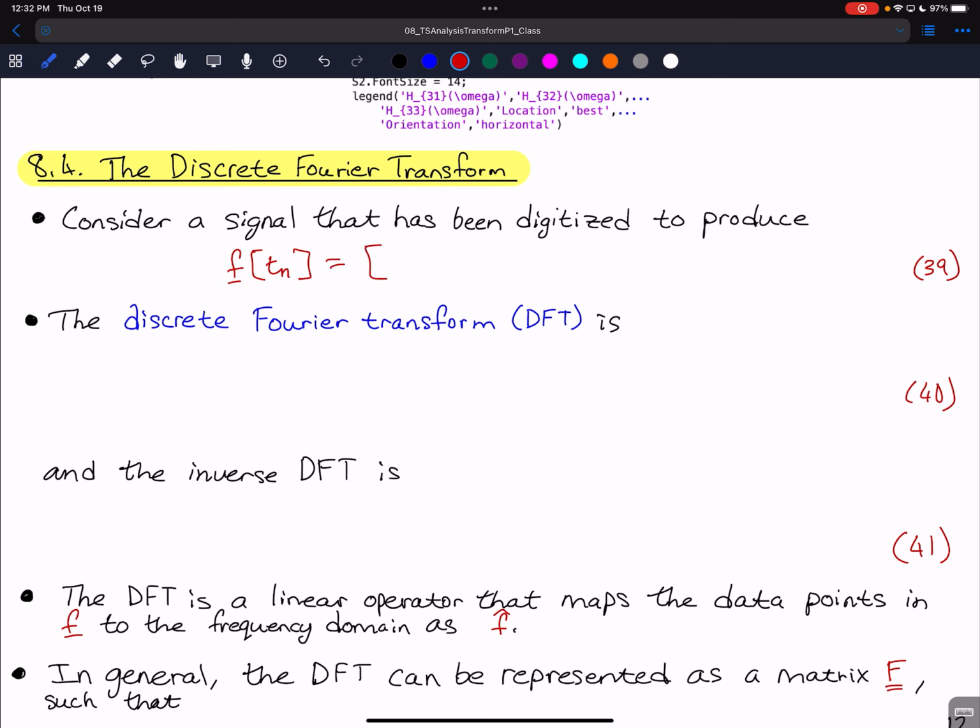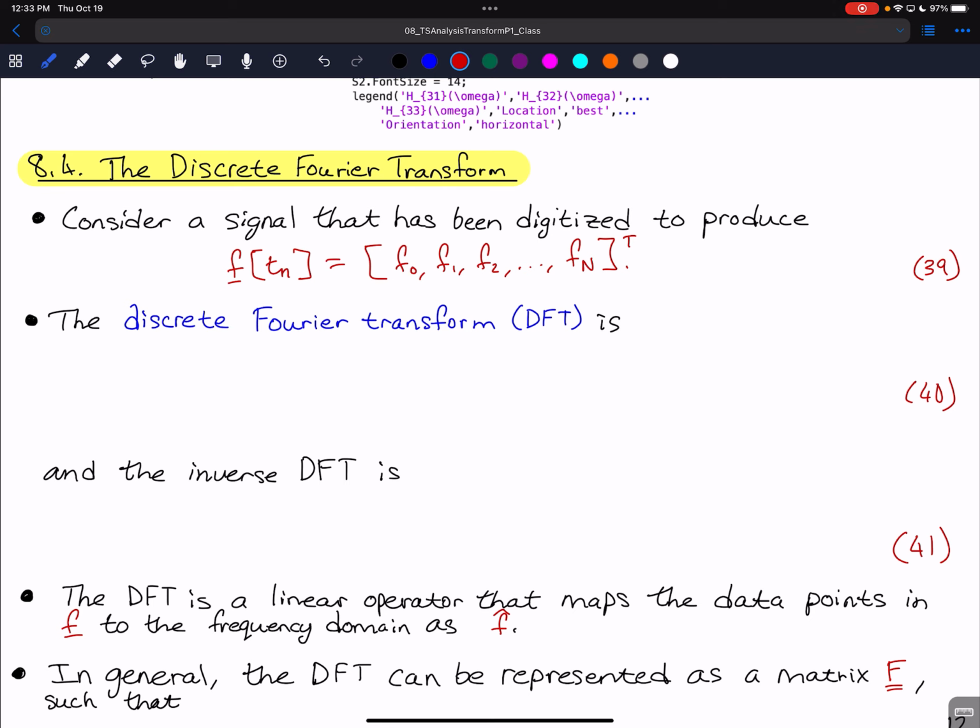So this is just equal to some vector f0, f1, f2, all the way up to fN, big N, with a little transpose. And so we'll have big N plus 1 points.